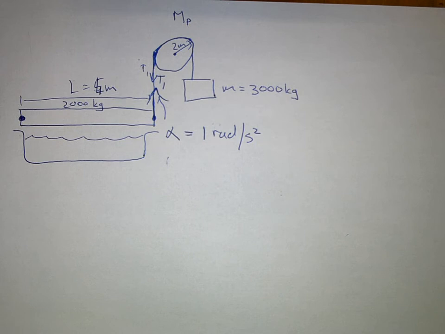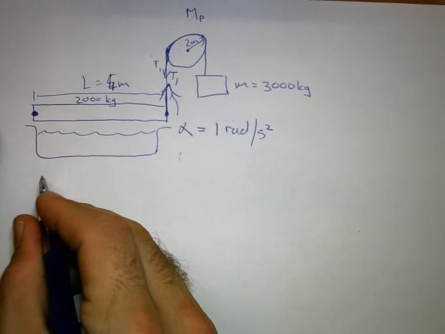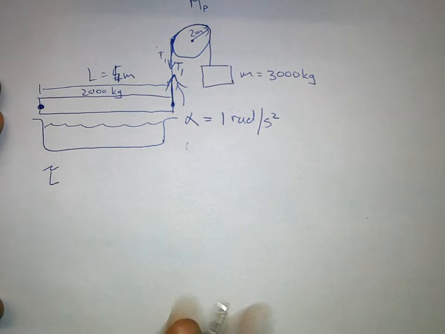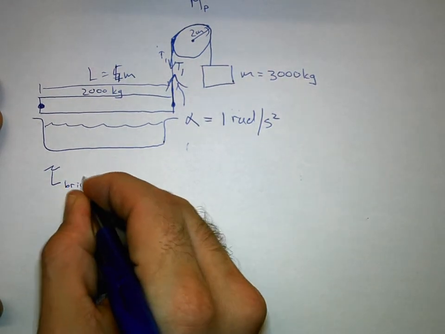So the weight of the bridge itself provides a torque, and the tension in the cable provides a torque as well. And the 2 balance out in such a way that the bridge rotates upwards. So it seems to me to be a good place to start to calculate the total torque on the bridge.